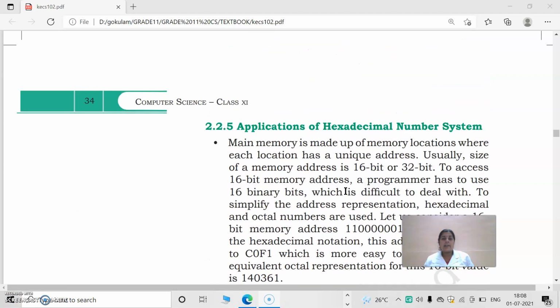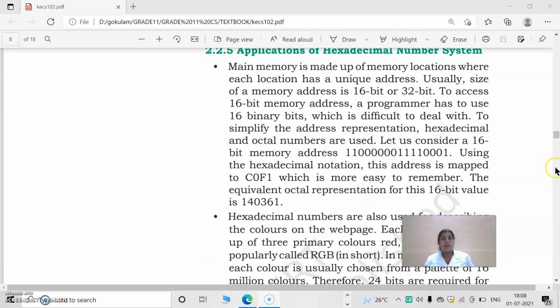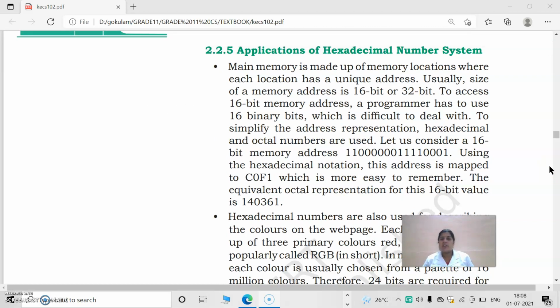Next is the application of the hexadecimal number system. You all know the application, because when we are purchasing a computer, we refer to its memory address by using 16-bit representation, 32-bit representation like this.